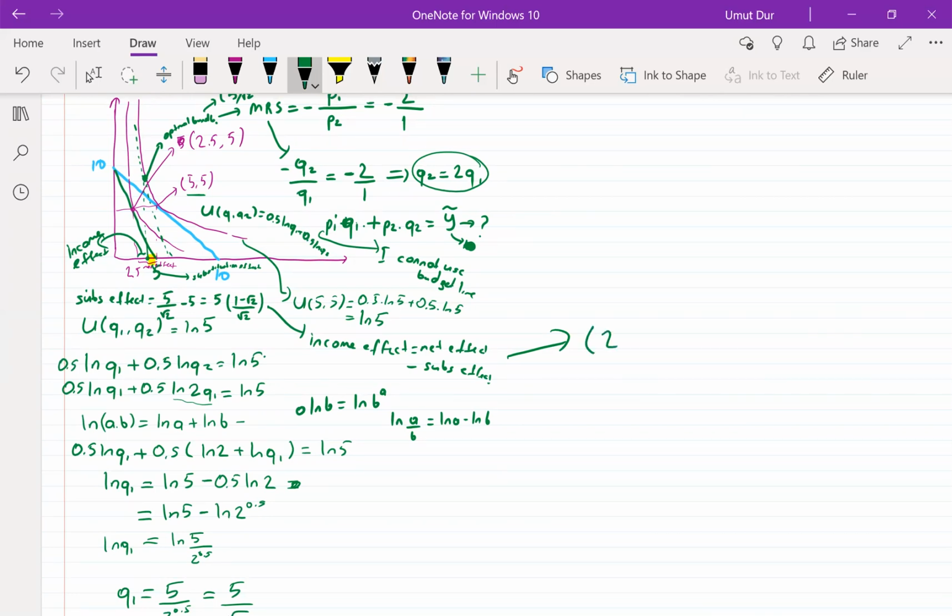It is 2.5 minus 5, minus the substitution effect, which is 5 over square root of 2 minus 5. And if I do the math here, the 5s will cancel each other. It will be 2.5 minus 5 over square root of 2. This is the income effect.